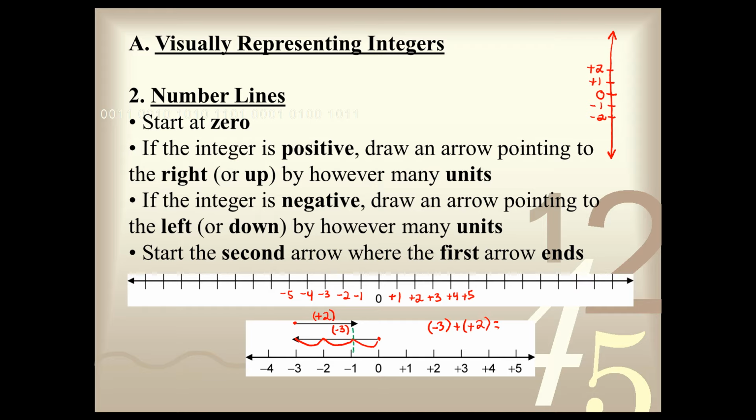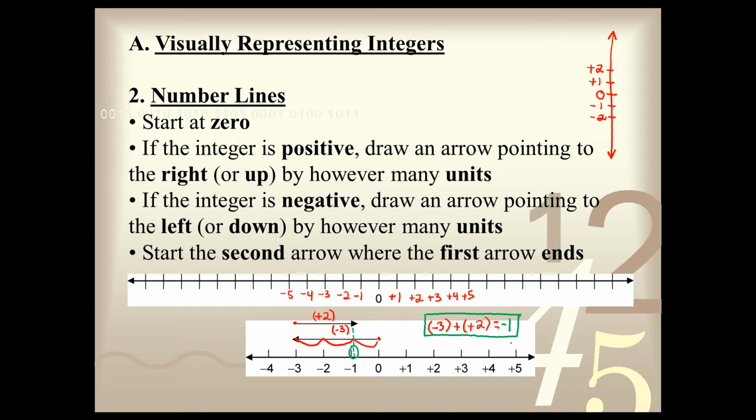The second integer ends at, well, this should be lining up with -1 if it was drawn correctly. So the answer would be -3 plus +2 is -1. That would be the addition statement that's being represented by that diagram.